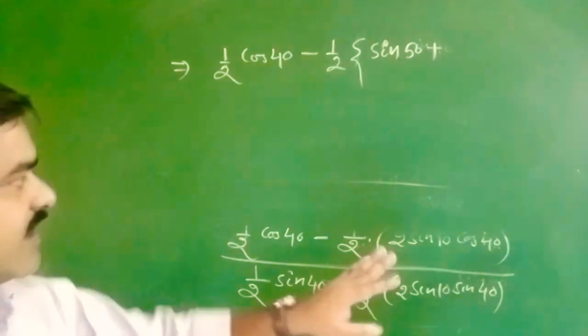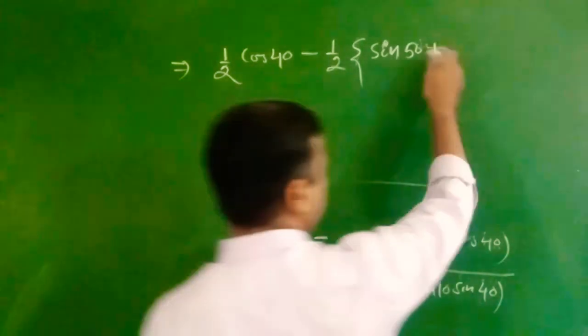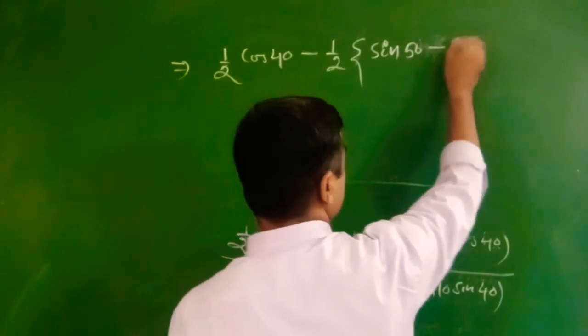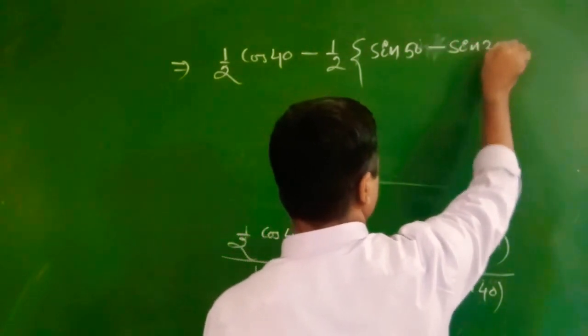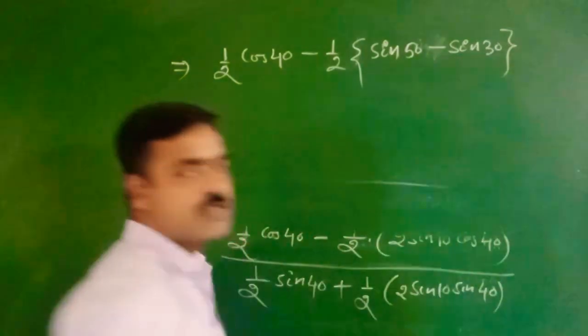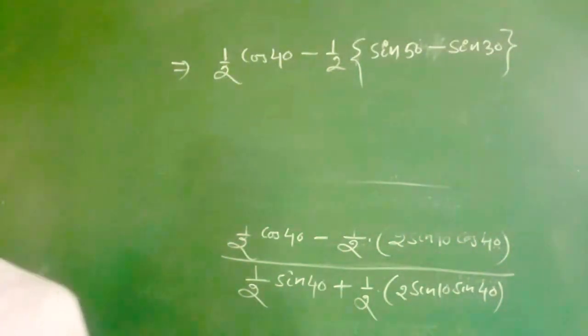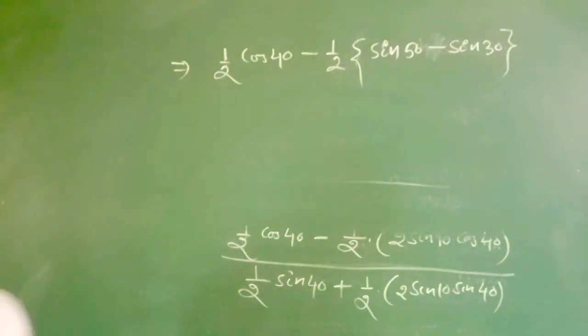So sin of minus 30 equals minus sin 30, so this is equal to minus sin 30. I hope everyone is clear here. This is minus sin 30.